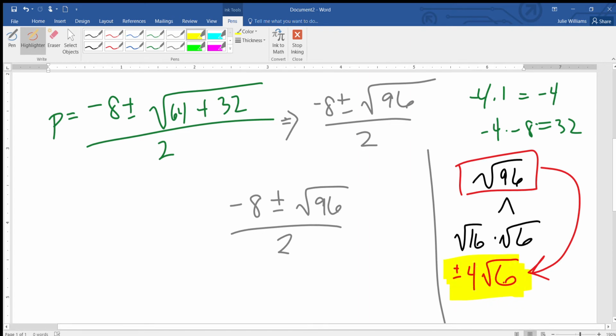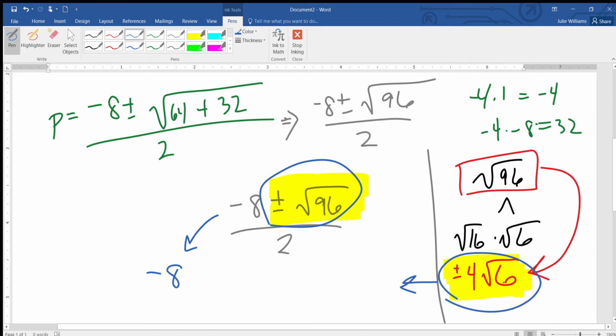I'm going to insert that in the place of the square root of 96 in our answer. So everything else stays the same. I use my negative 8, and then this piece becomes plus or minus 4 times the square root of 6, all over 2.